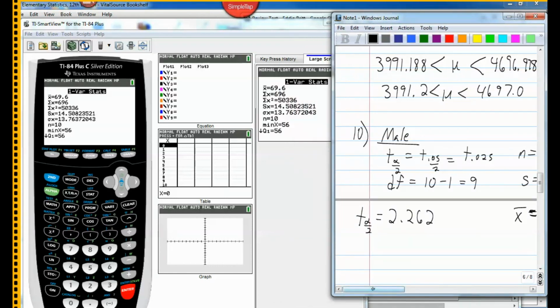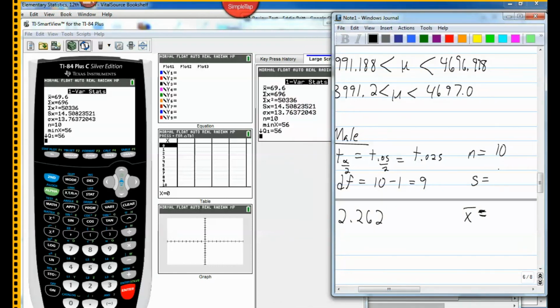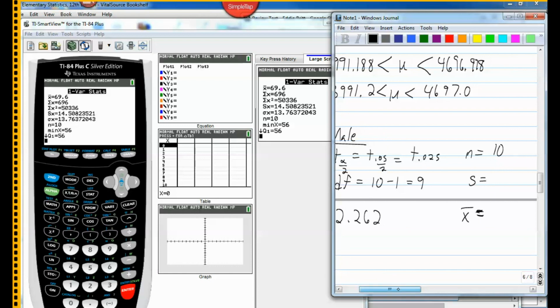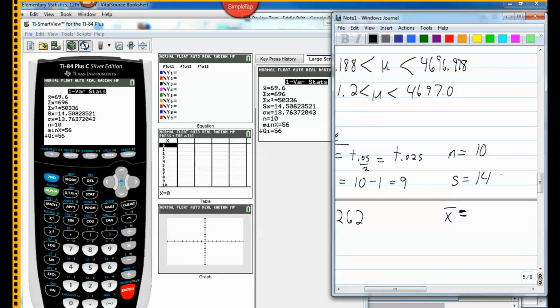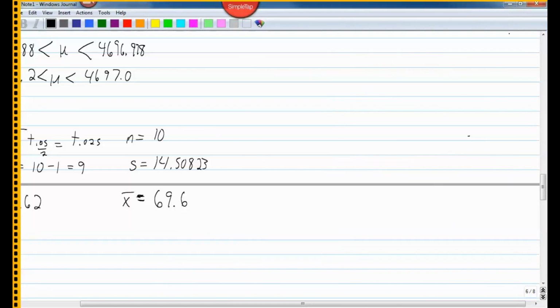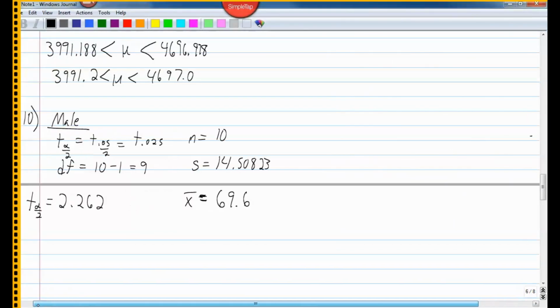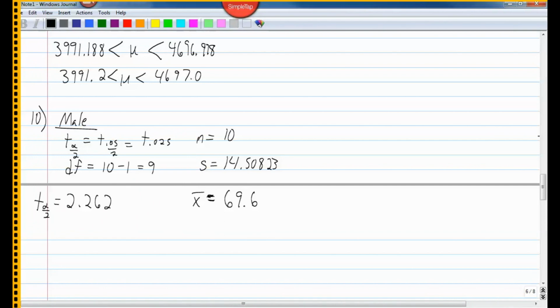So my sample standard deviation, I'm going to carry this out a couple places, is 14.50823, and my mean is 69.6. Okay, so I'm going to use that to help me figure out my margin of error.